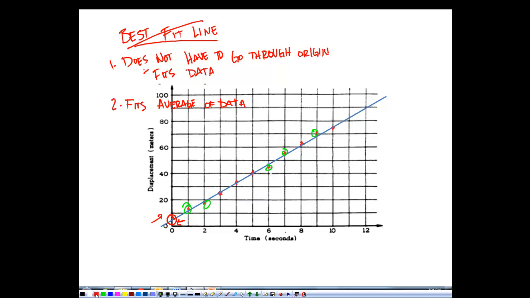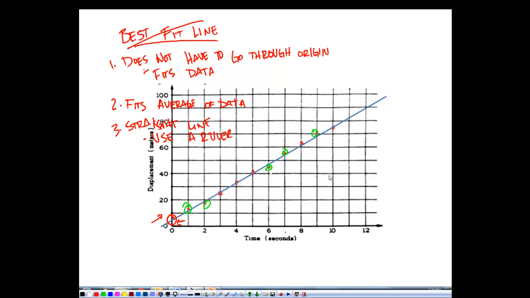One of the more important things is that it is a straight line. You're going to need to use a ruler or a straight edge of some sort, but what we really need is a very straight line.